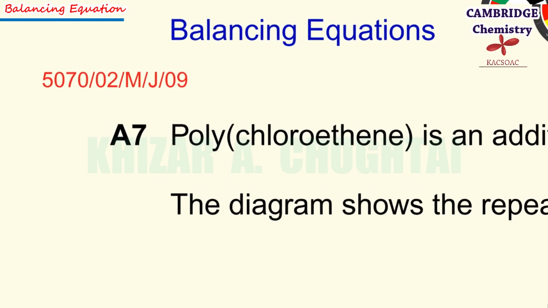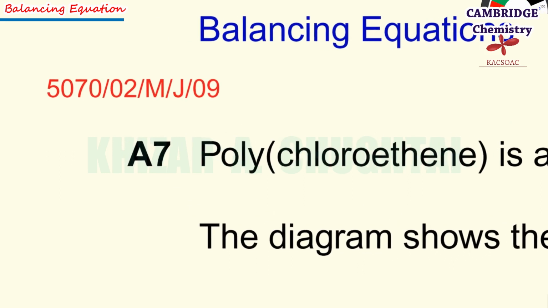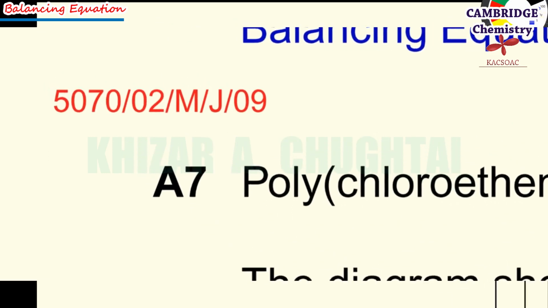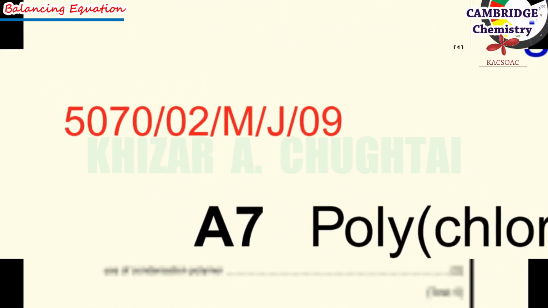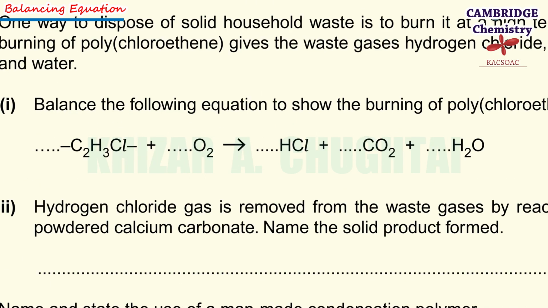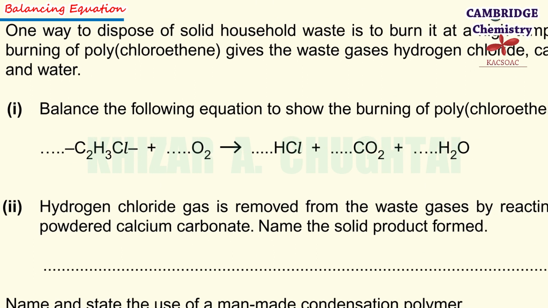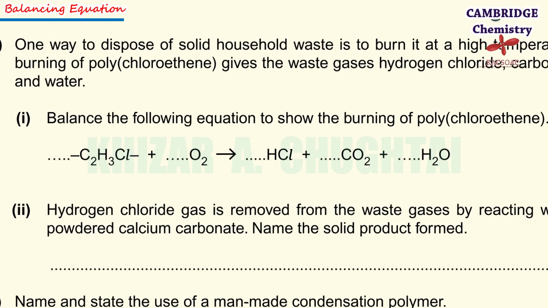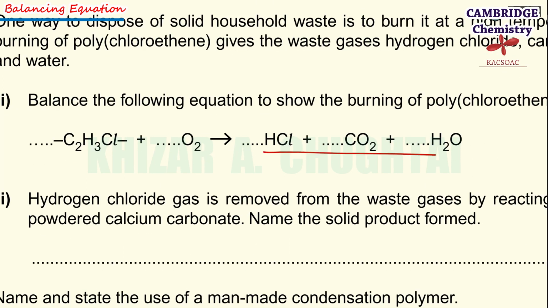This is an O-level chemistry May June paper 2 question, A7 part B. Balance the following equation to show the burning of polychloroethene. On the right hand side there are 3 species and on the left hand side there are 2 species.